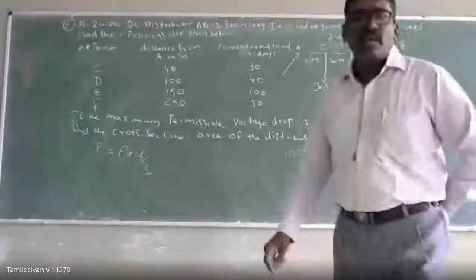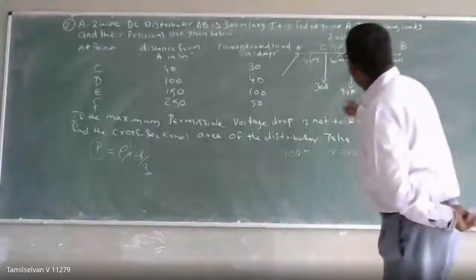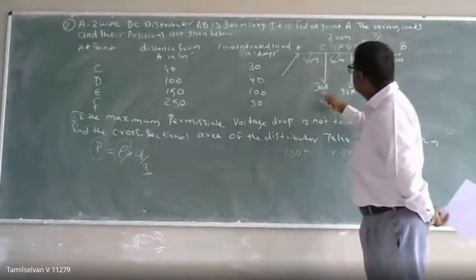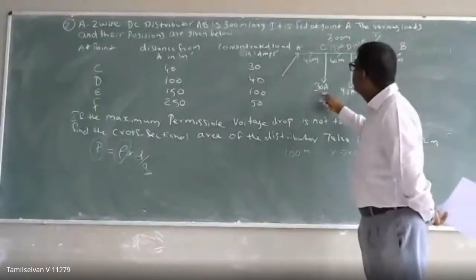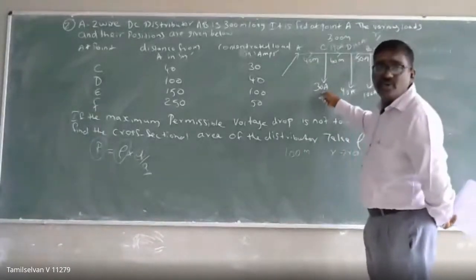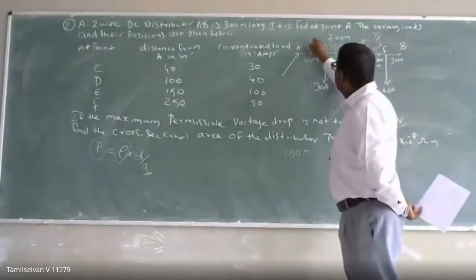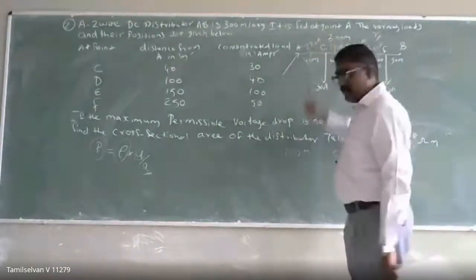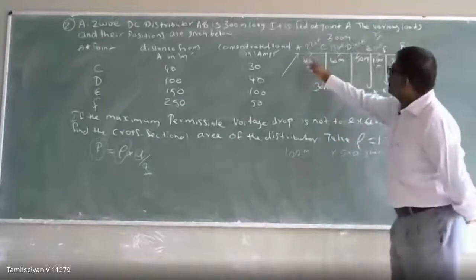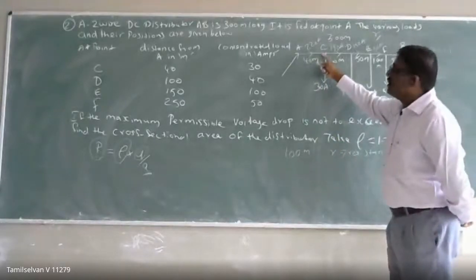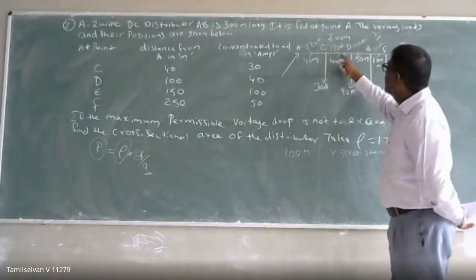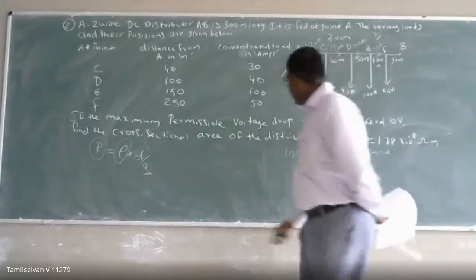At this point, 190 plus 30 is going to appear 220 ampere. It means current in the section AC is 220 ampere. CD current is going to be 190. I can write it.